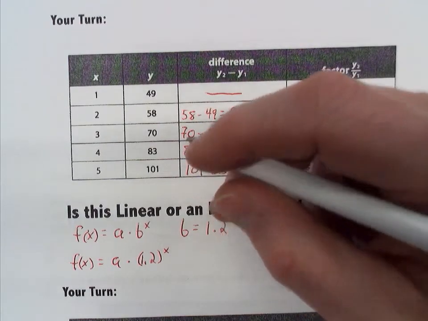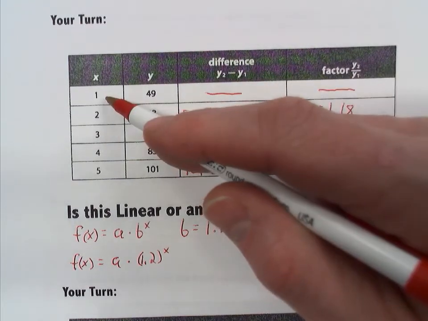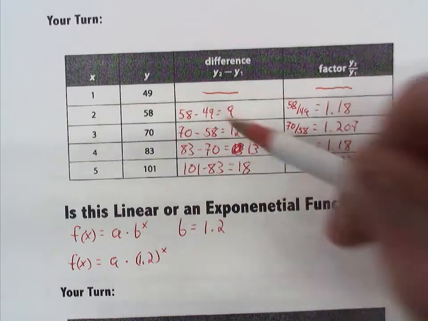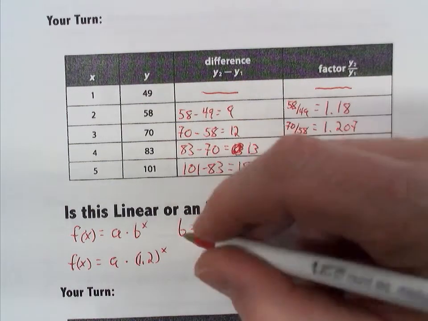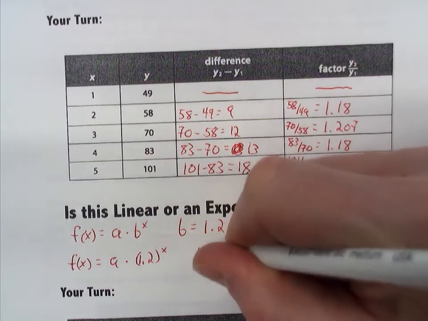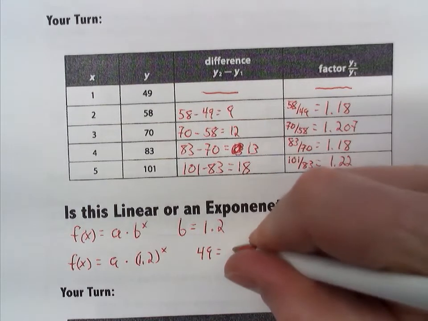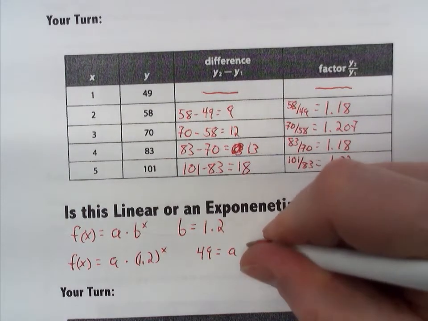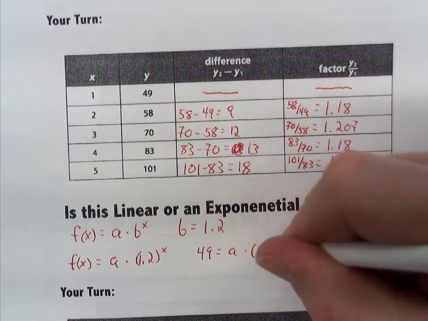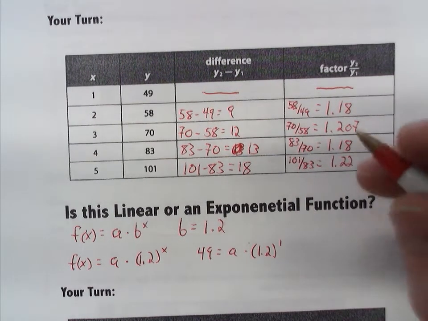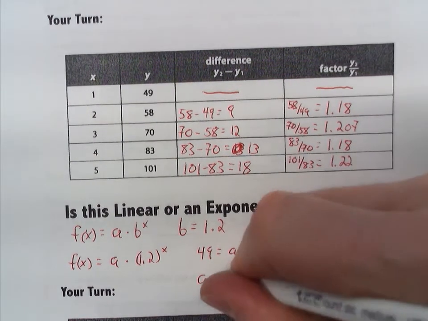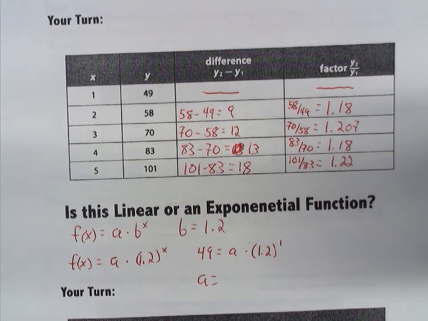So let's see, I'm going to do x to the first. So we know that y is going to be 49 equals a times 1.2 to the first power, which is 1.2, divided by 1.2. A is going to equal 49 divided by 1.2.